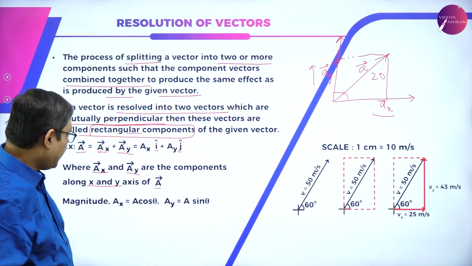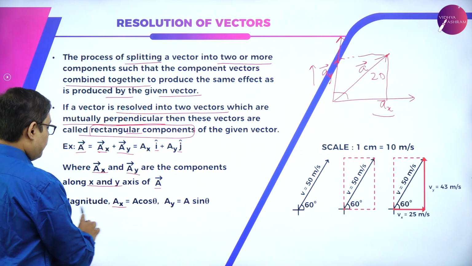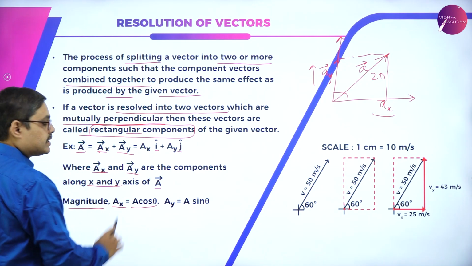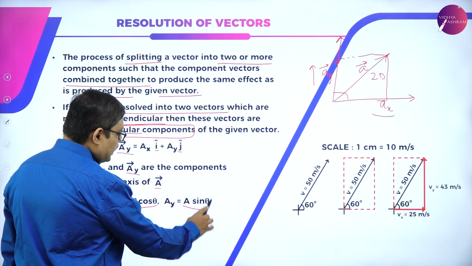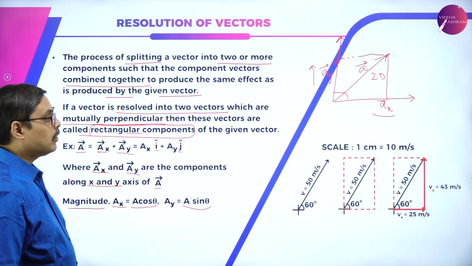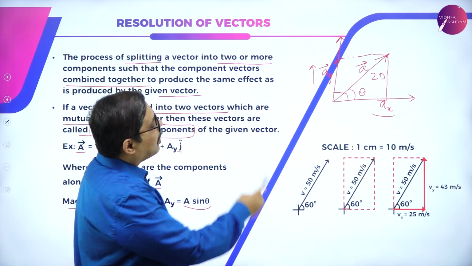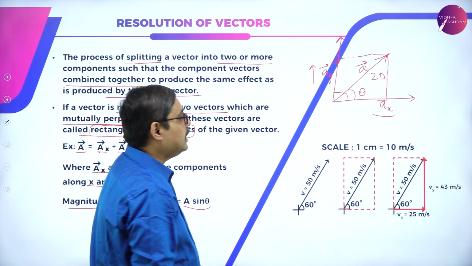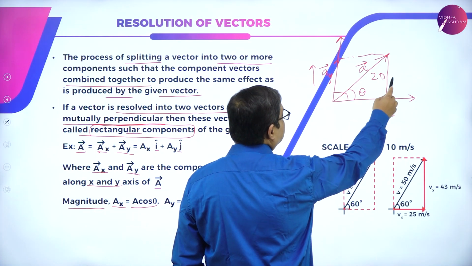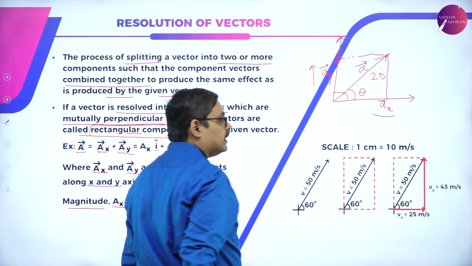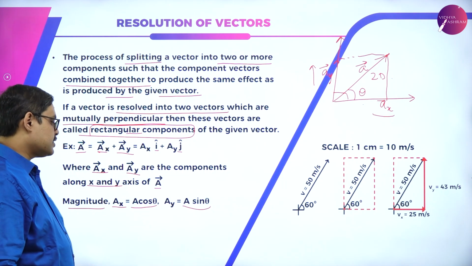I can also write this as, to find the magnitude, AX is A cos theta, AY is A sin theta. Okay, just find out the sin and cos components of the angle theta, you will automatically find. So this is cos theta, this is sin theta for AX and AY respectively.